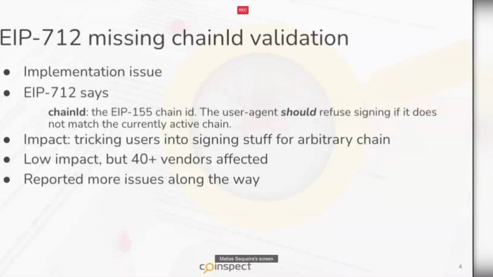For instance, some wallets were not displaying the EIP712 object to be signed at all, or were not displaying the EIP712 domain part. The EIP712 domain has five different fields. One of them is the chain ID. Then we have the verifying contract. There is a salt and a version, for instance. So some wallets fail to actually display that when asking users for their signature.